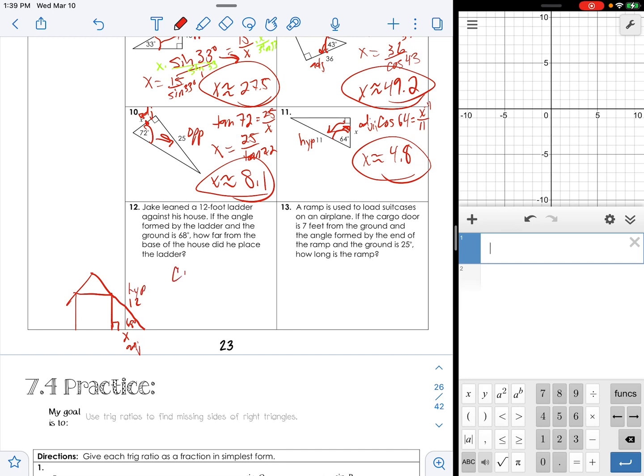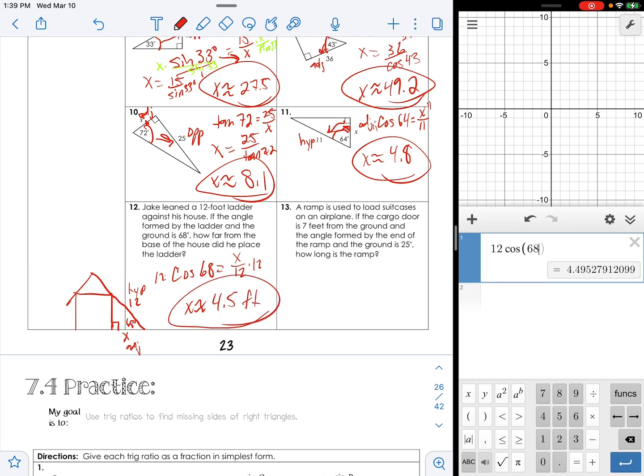So the cosine of 68 equals adjacent x over hypotenuse, 12. Multiply by 12 both sides. So 12 cosine 68 is 4.5. So x is approximately 4.5 feet away.